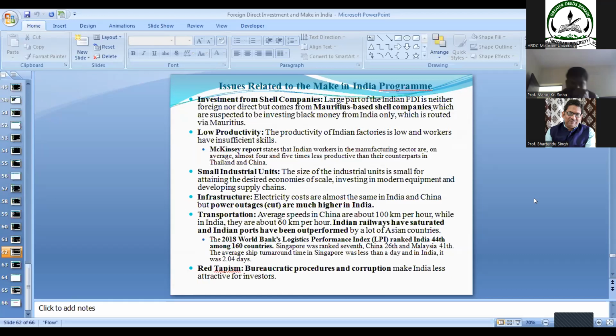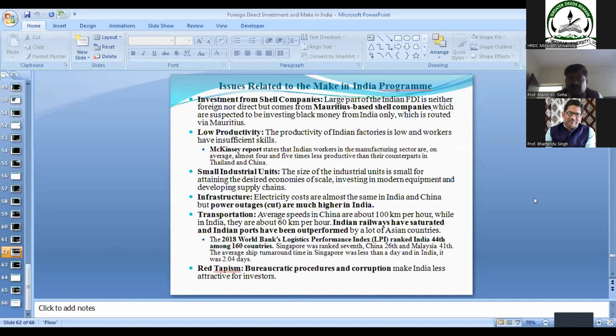Indian labor is less productive in comparison to Thailand and China. A McKinsey report states that Indian workers in manufacturing sectors are on average almost 4 to 5 times less productive than their counterparts in Thailand and China.